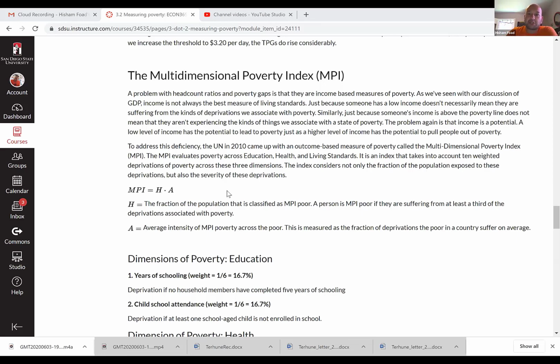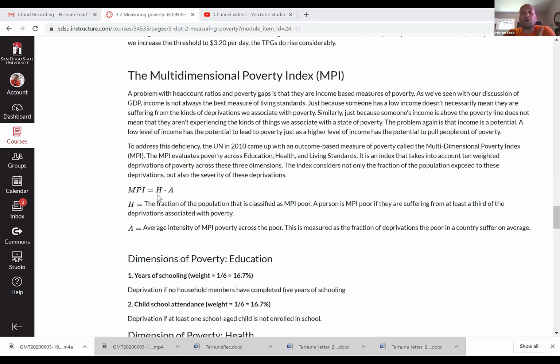It does this by being equal to, essentially, the fraction of the population that are classified as multidimensionally poor, MPI poor. We're going to go over this in a second, but basically you are MPI poor if you suffer from at least a third of the deprivations of poverty that the UN has defined across three categories: health, education, and income.